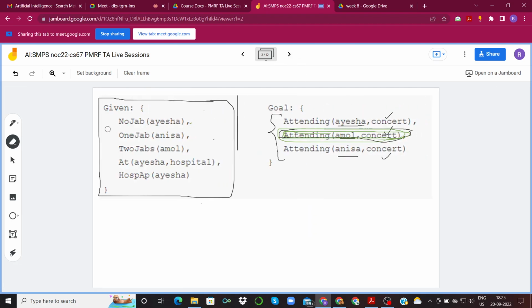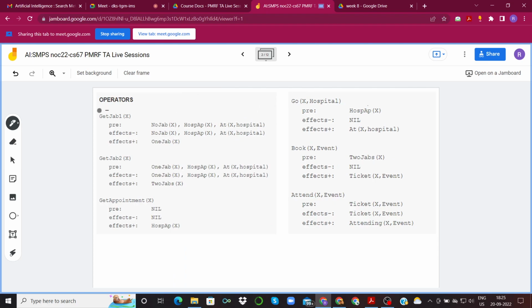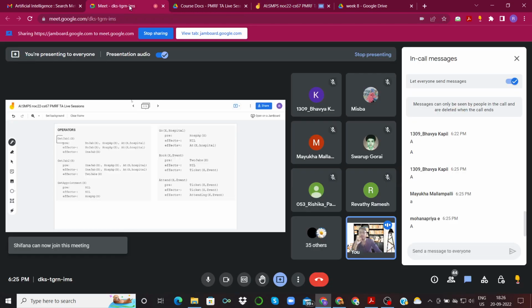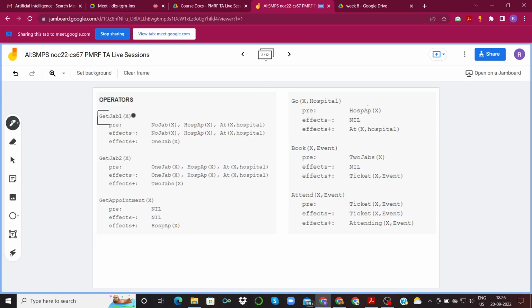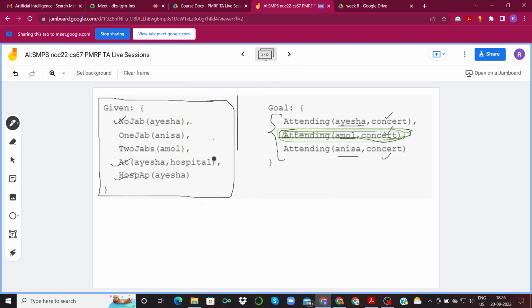No jab, at hospital Aisha, and hospital appointment Aisha is true. So this get jab one Aisha would be applicable, right? So as many of you suggested in the chat, A seems to be one of the correct options. So let's keep it in mind. Let's look at what other conditions could be true.